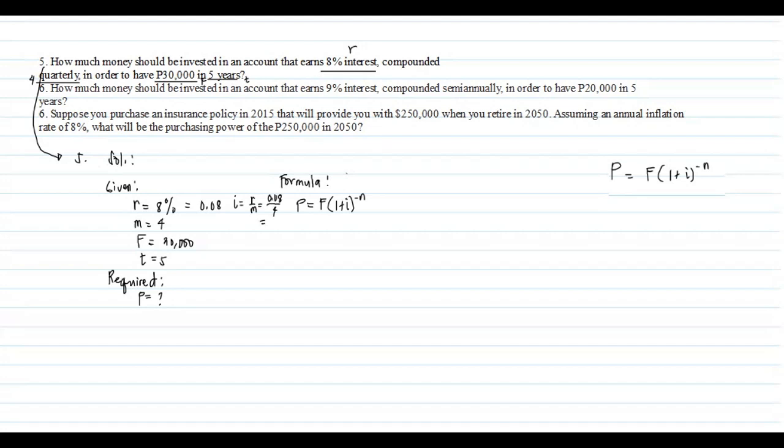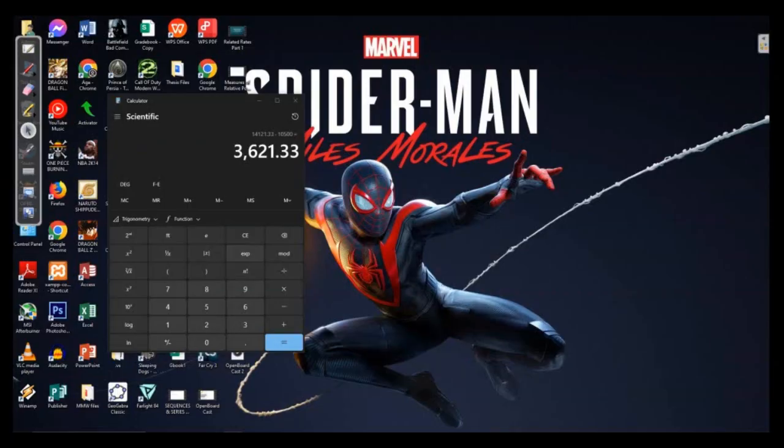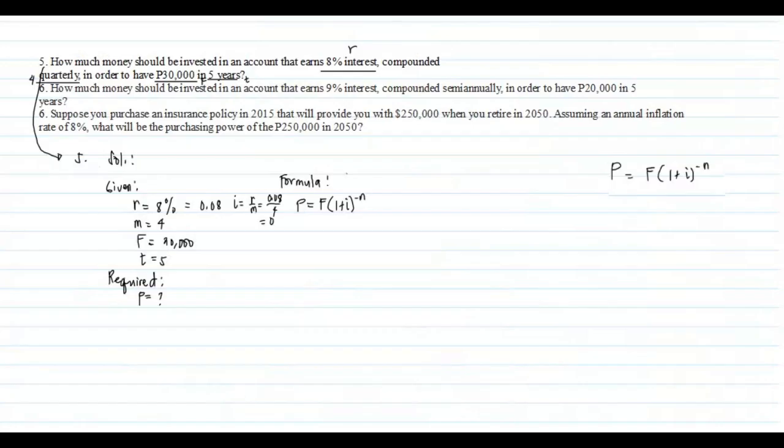So how much is 0.08 divided by 4? So 0.08 divided by 4 is going to be 0.02. So our I is 0.02. And again, we also need to have the N, which is MT. So yung M dyan is 4, and then yung T there is 5. So your N there is going to be 20.